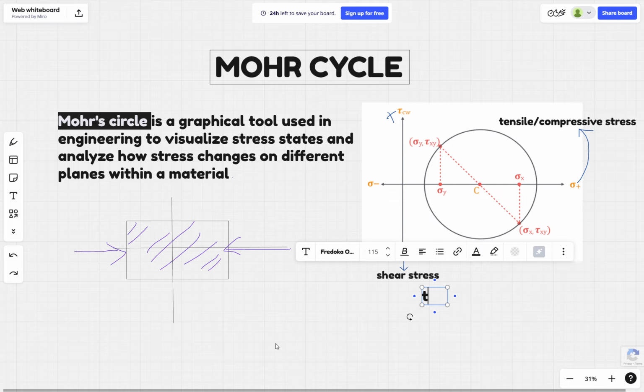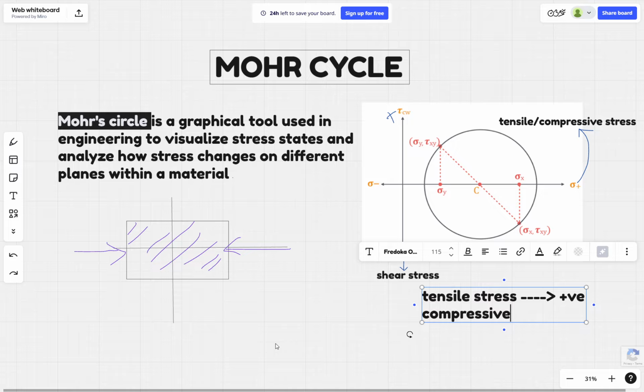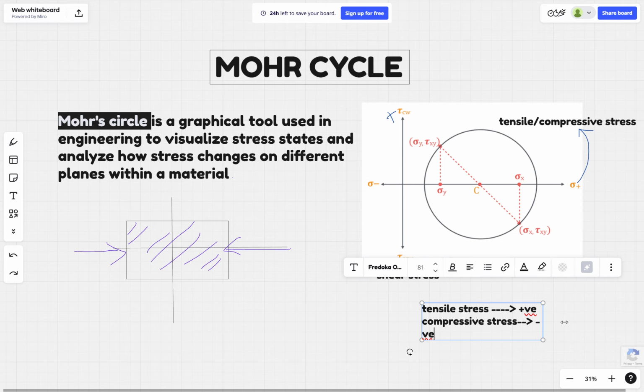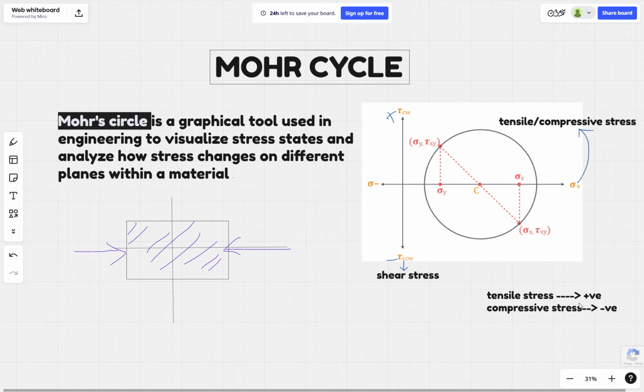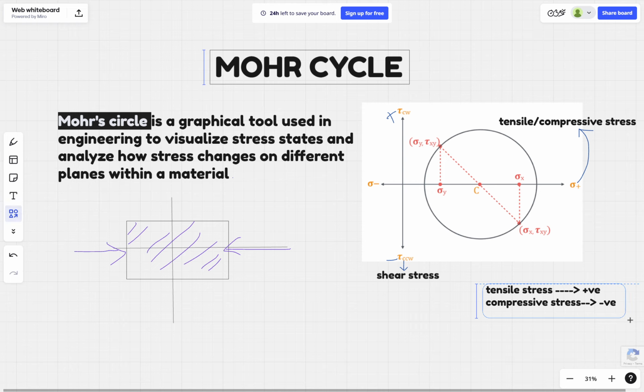For tensile stress we will take the sign convention as positive, and for compressive stress we will take negative. So this is our sign convention.